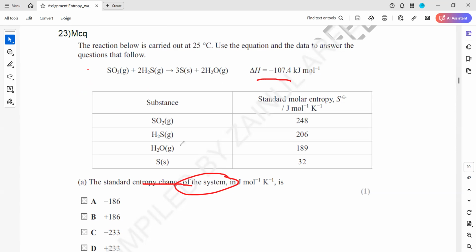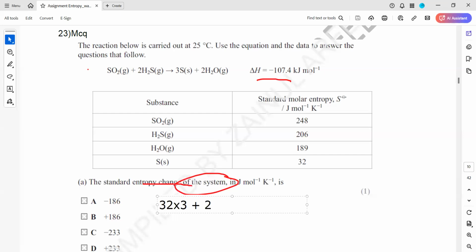Sulfur and water are the products, so this will be multiplied by 3. For example, 32 times 3, because 3 moles of sulfur plus 2 moles of water are there.